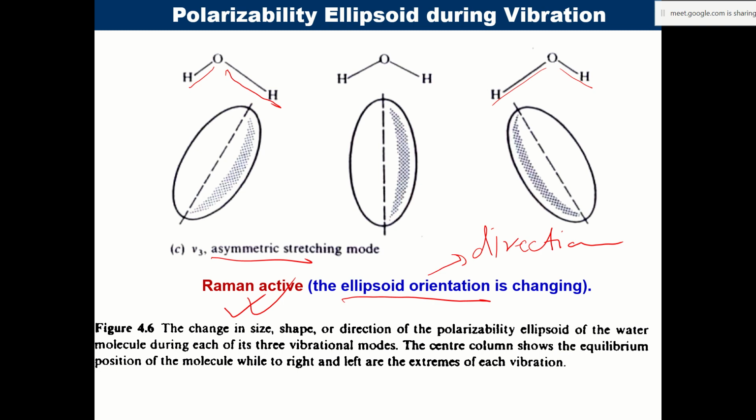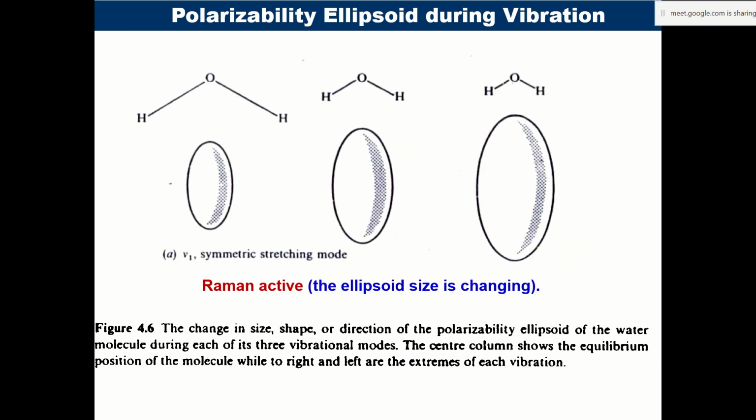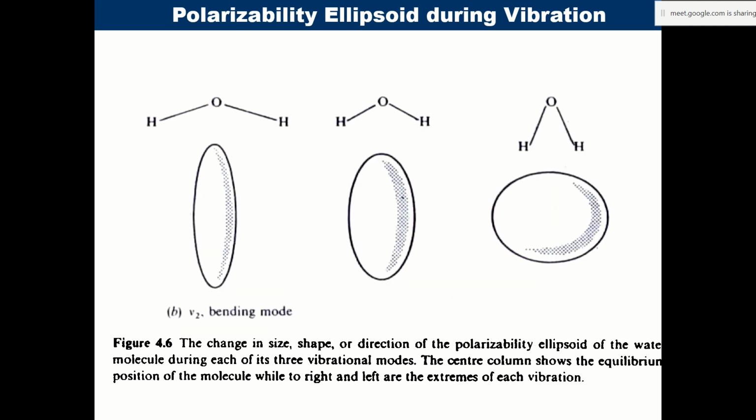And because of this you should get a Raman spectrum when you are recording it; it should be seen. So there are three modes and all three modes are Raman active, but the reasons are different. In one case only one aspect of the polarizability is changing, that is the size. In the symmetric case, then in the bending mode, only the other aspect, the shape, is changing.